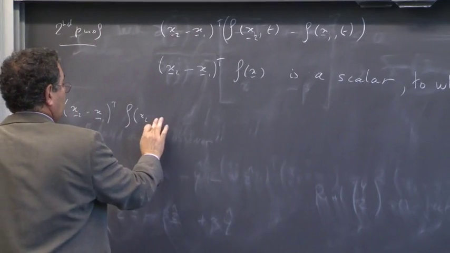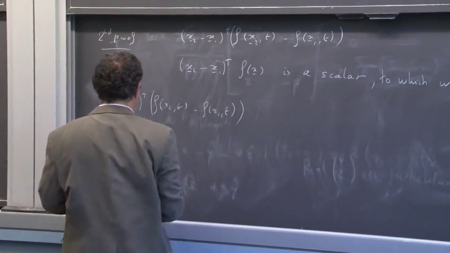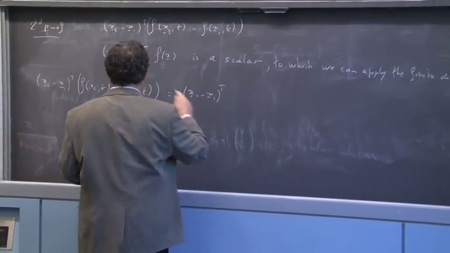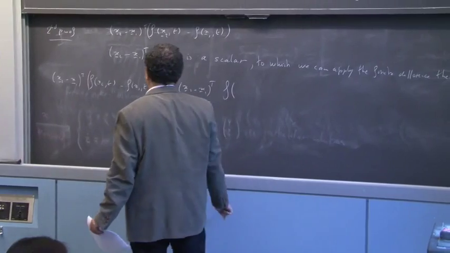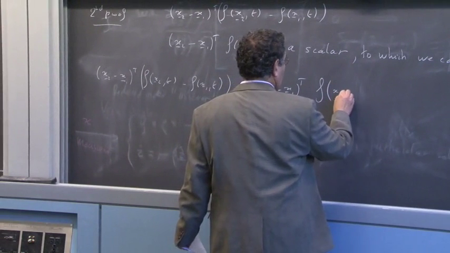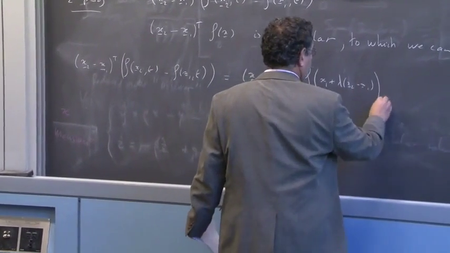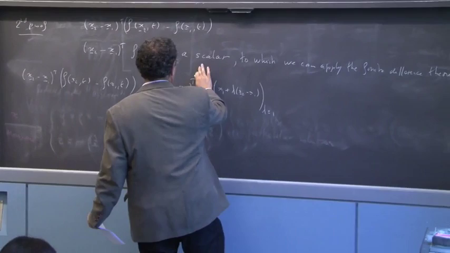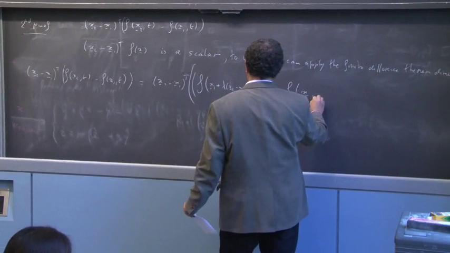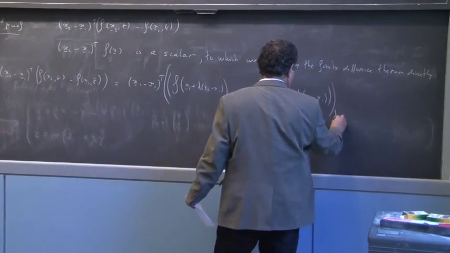f of x2 t minus f of x1 t, we can rewrite as x2 minus x1, that's a given here, times f of x1 plus lambda times x2 minus x1 for lambda equal 1, minus f of x1 plus lambda times x2 minus x1 for lambda equals 0.